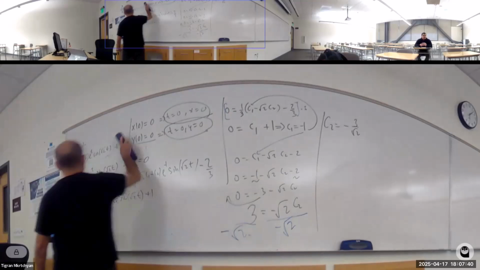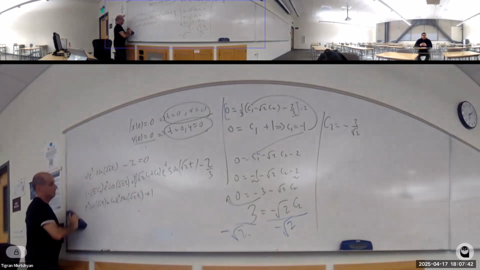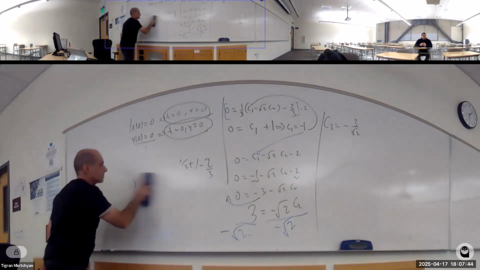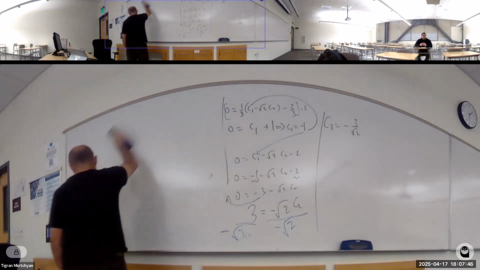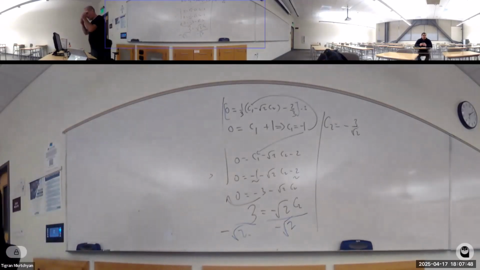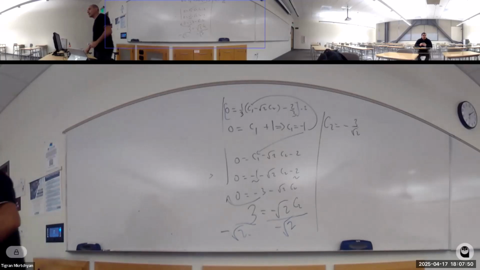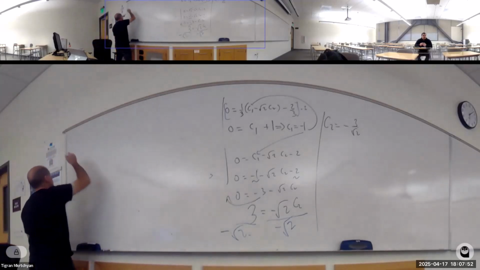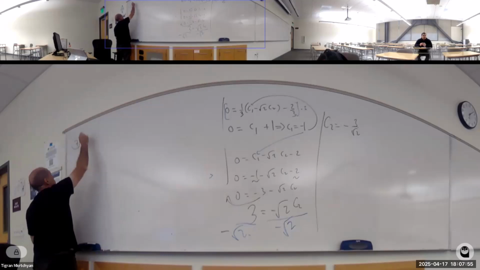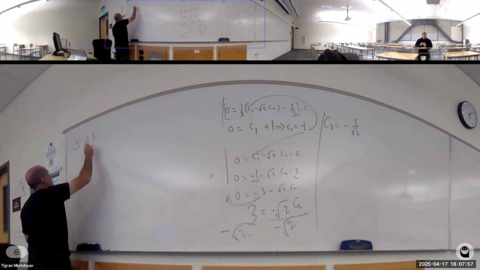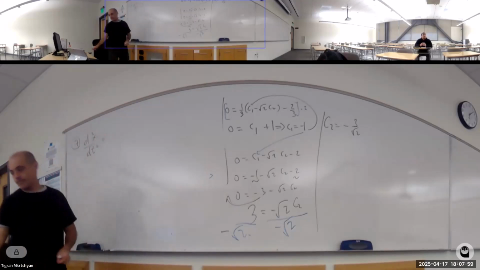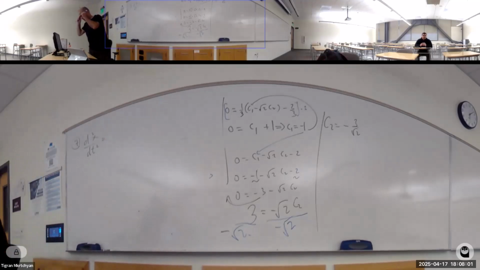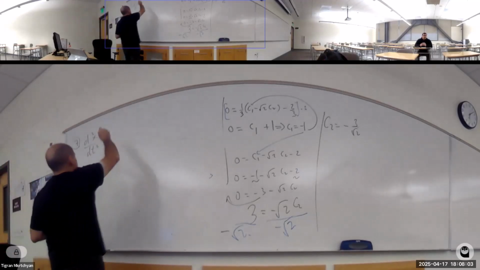I guess we can start from here. Okay. So we have the second derivative of x equals 4y plus e to the t.